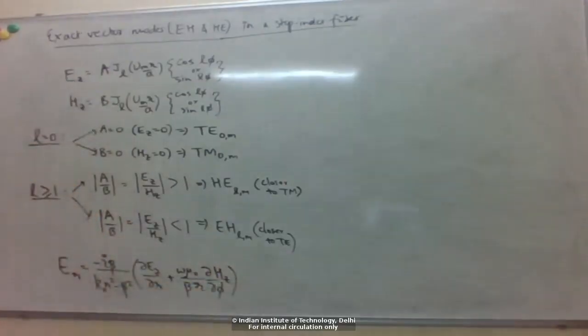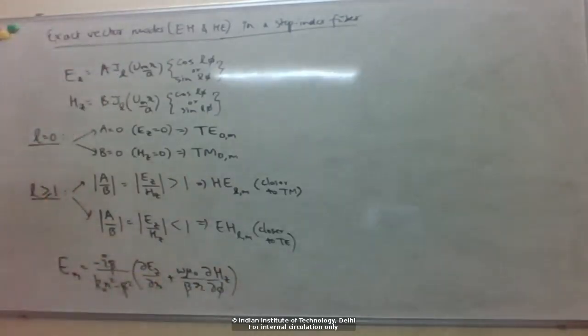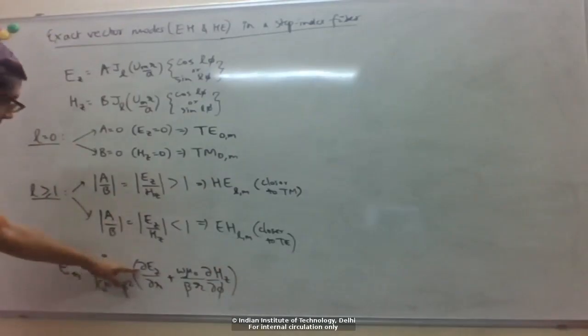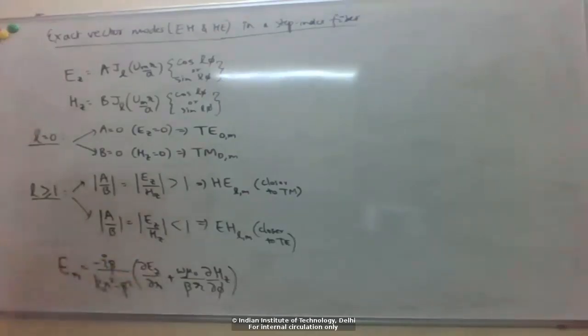Using these expressions, we can now write the other field components. For example, you can see Er has a derivative of Ez with respect to the radial coordinate. So we get a derivative of the Bessel function here.